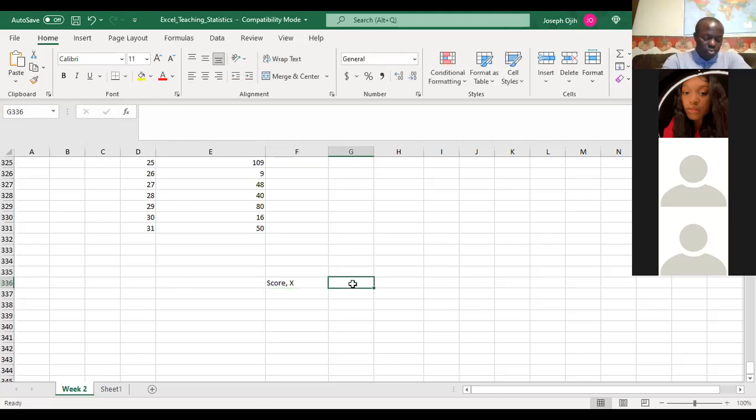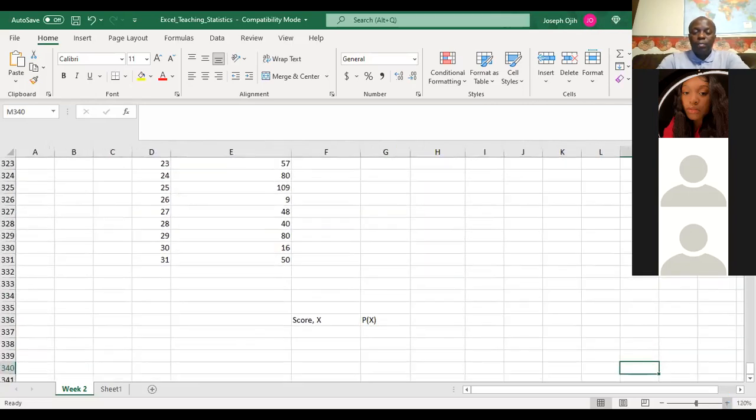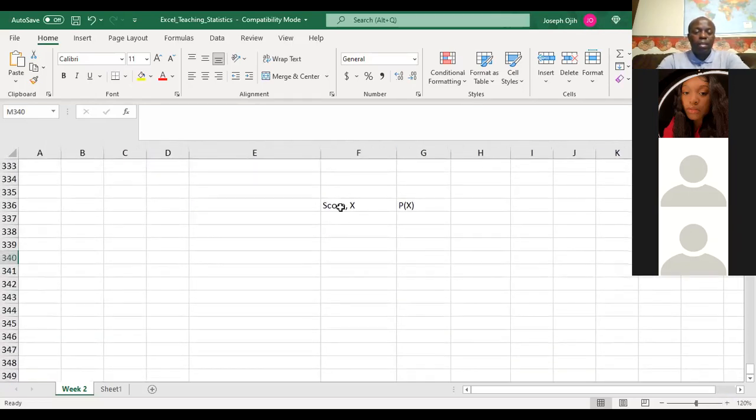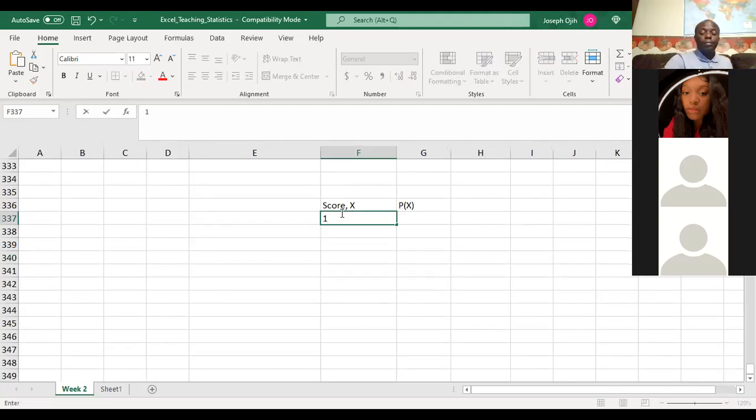Then P(X), the probability of X. Okay, make it bigger. P(X). And the score is 1 to 5.